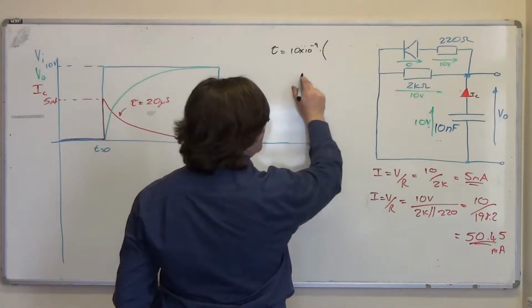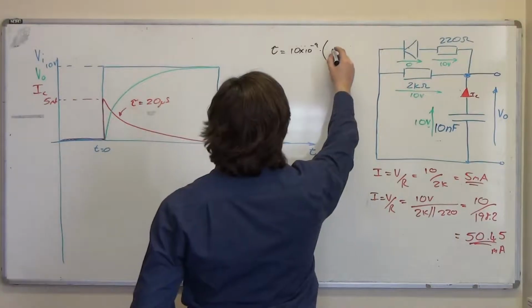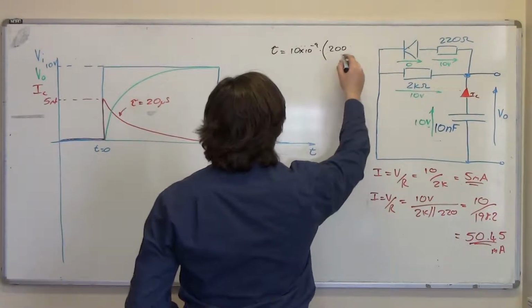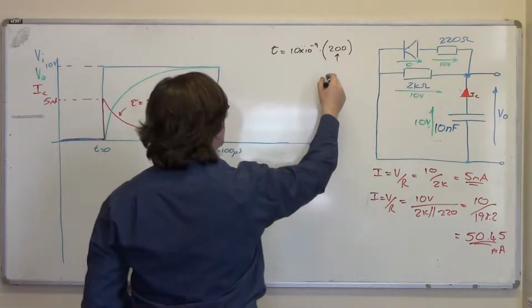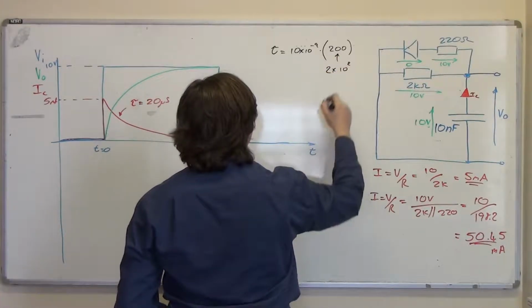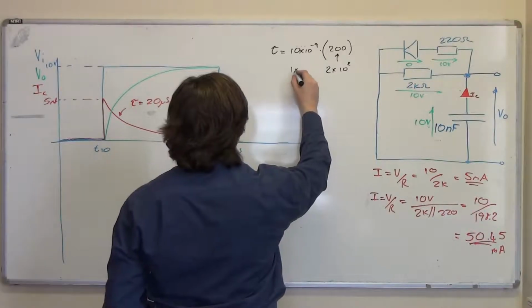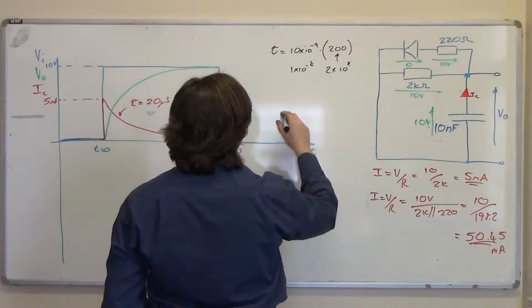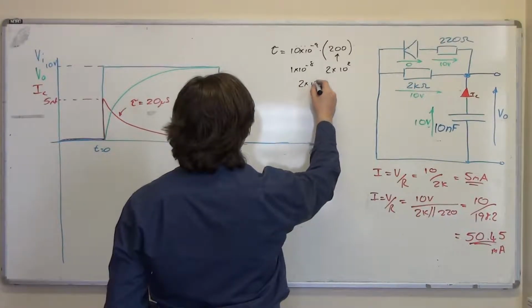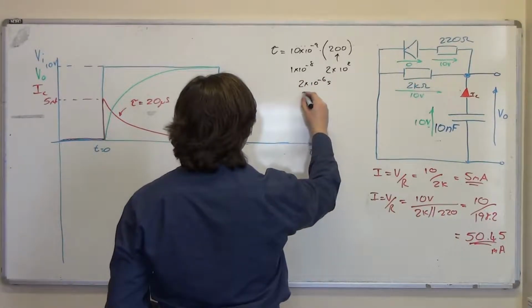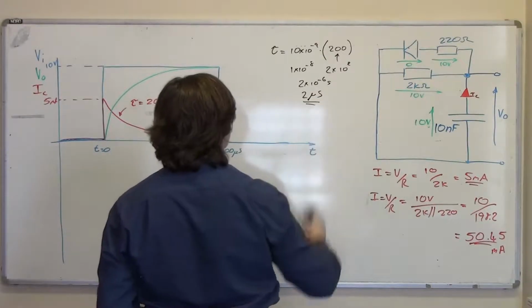So I'm going to call it 200 because it will make everything a bit easier. So this is actually 2 times 10 raised to the 2, and this is 1 times 10 raised to the minus 8. So this is 2 times 10 raised to the minus 6 seconds, which is 2 microseconds.